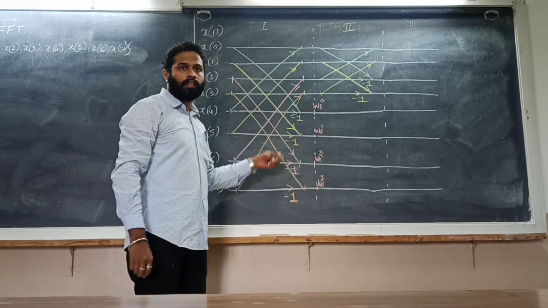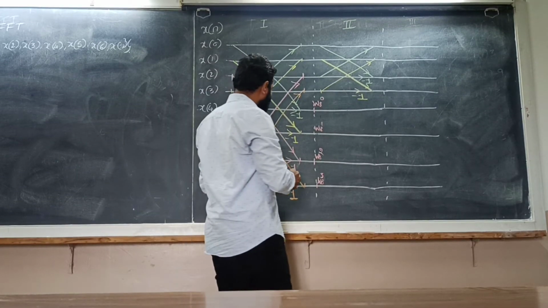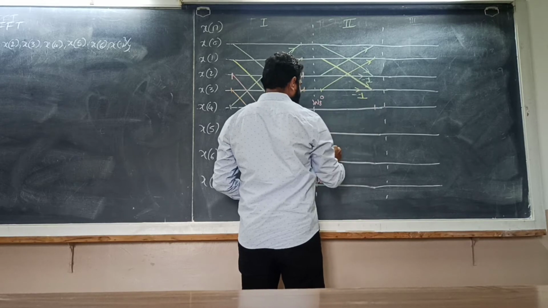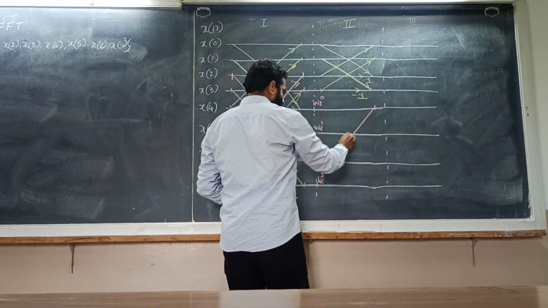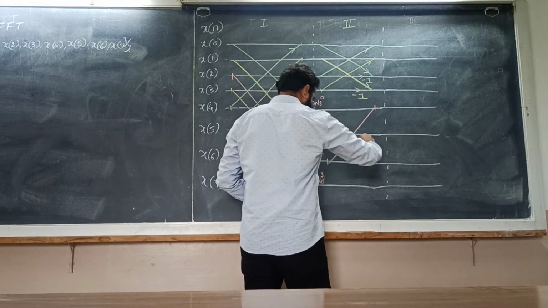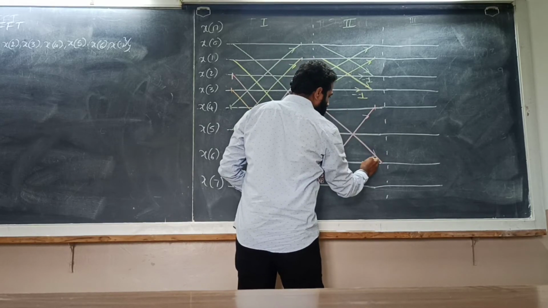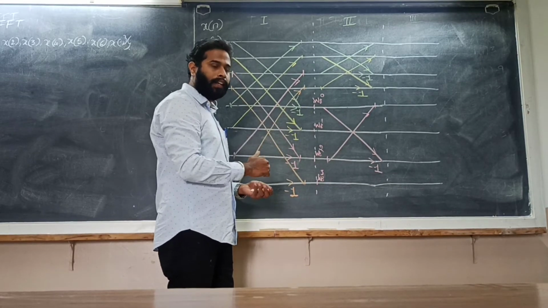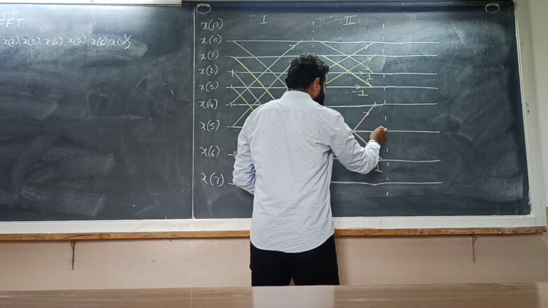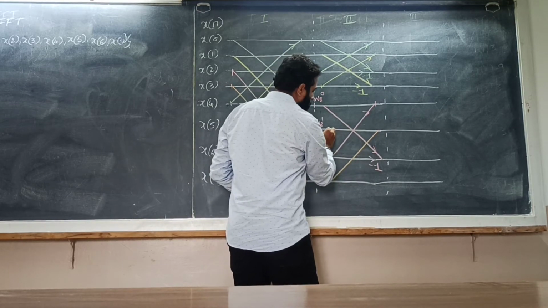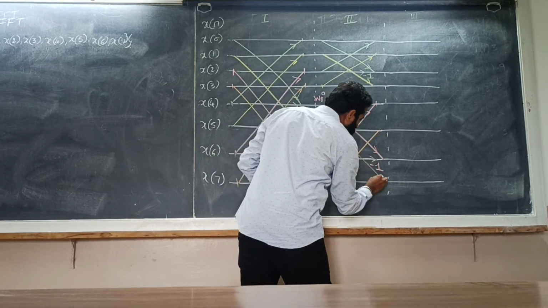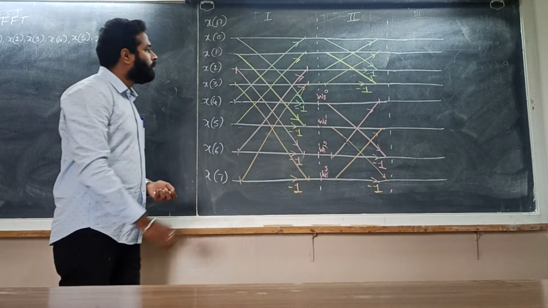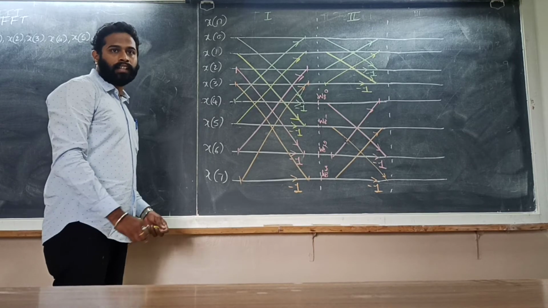Then 5 to 7, 7 to 5 by negating 7. Finally 6 to 8, 8 to 6 by negating 8. This is your second stage.